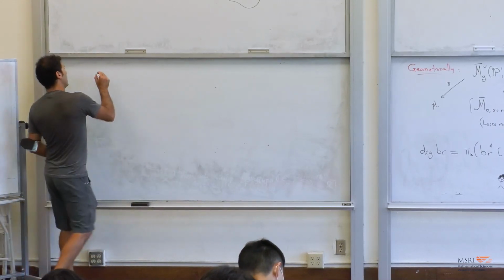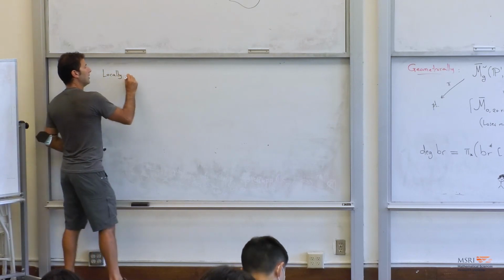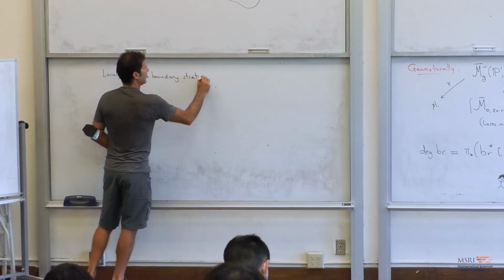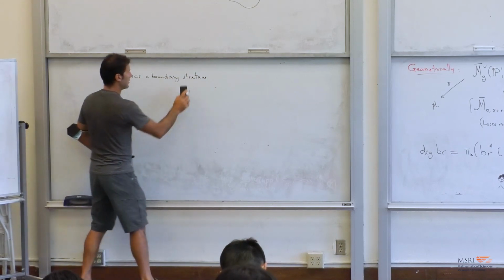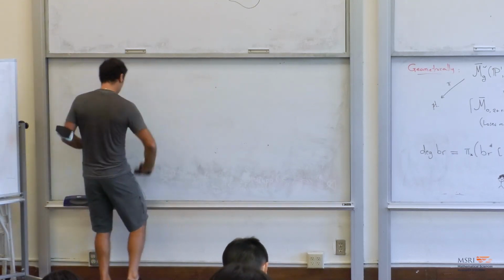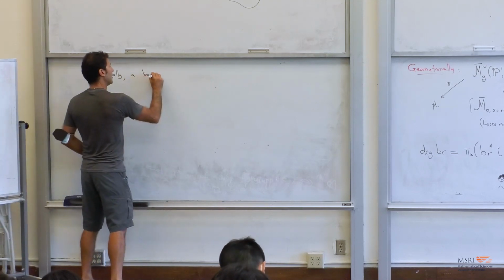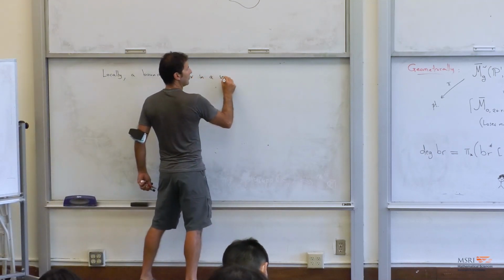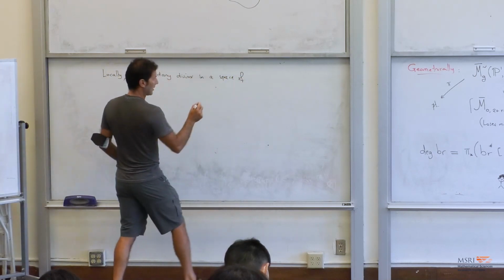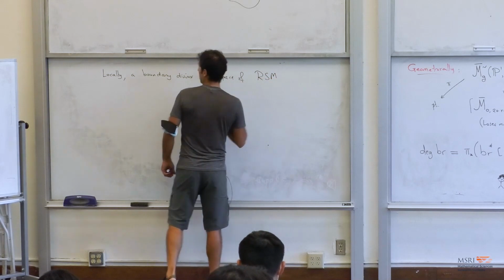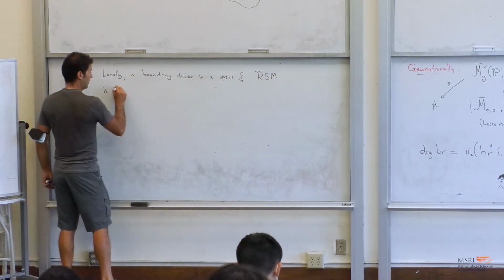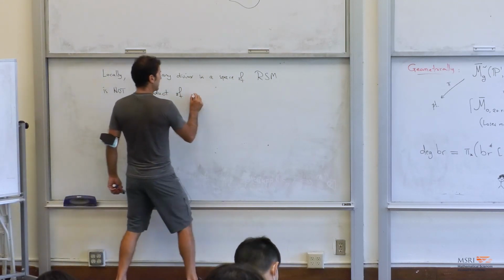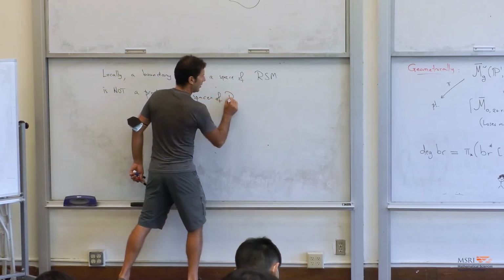So locally, near a boundary stratum, or let me even say boundary divisor, locally, a boundary divisor in a space of relative stable maps is not a product of spaces of relative stable maps.